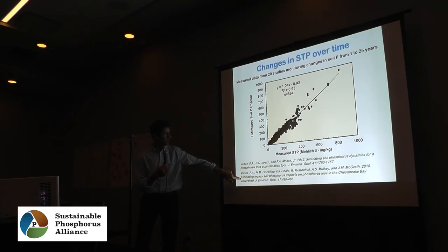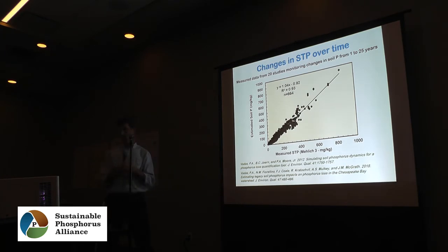This was a paper that just came out in JEQ, where we're using a lot of the soil test P data that's coming out of Maryland now, and some of their field sites where they have long-term drawdown, soil P drawdown data.